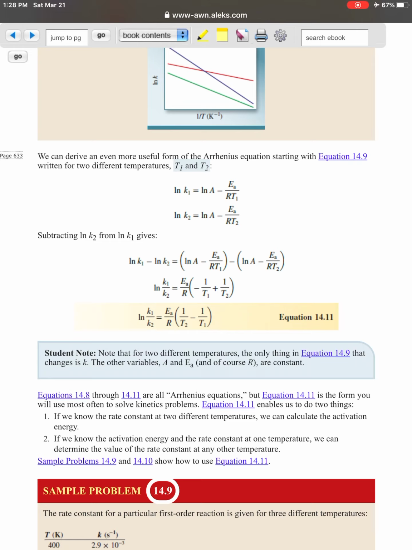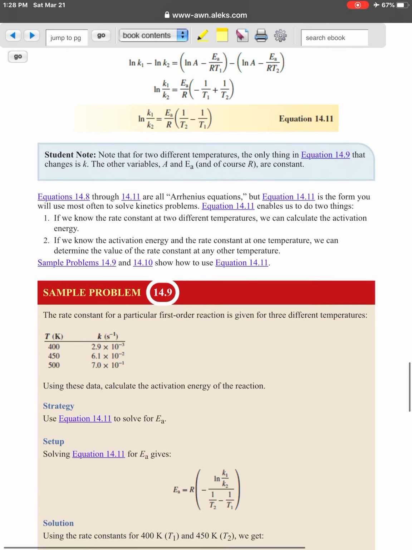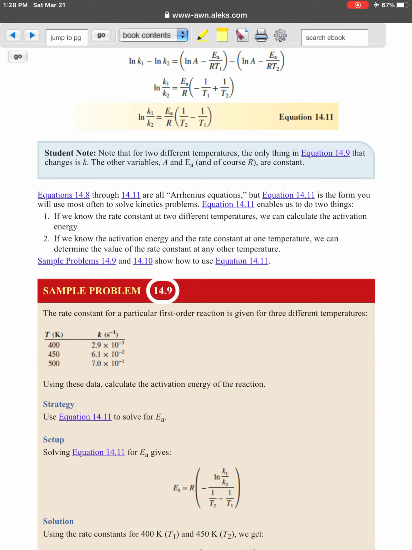Student note: note that for two different temperatures, the only thing in equation 14.9 that changes is k. The other variables, A and E sub A, and of course R, are constant. Okay? Equations 14.8 through 14.11 are all Arrhenius equations, but 14.11 is the form you will use most often to solve kinetics problems.